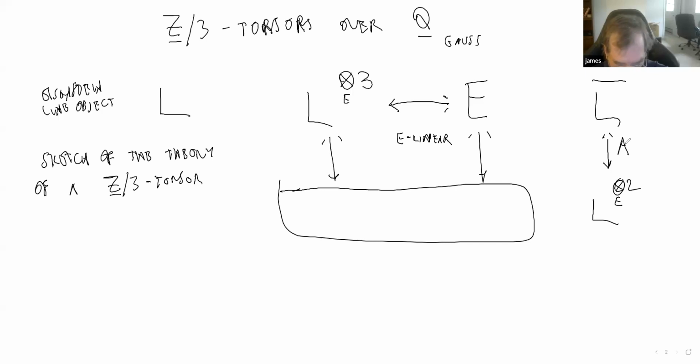And then that's determined, right? And then the actual vertical arrows that show up in the commutative square are the appropriate tensor powers of A. So this would be the third tensor power of A over E, and this would be the 0th tensor power of A over E, which is really just 1.